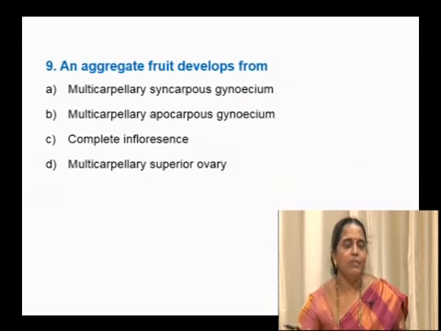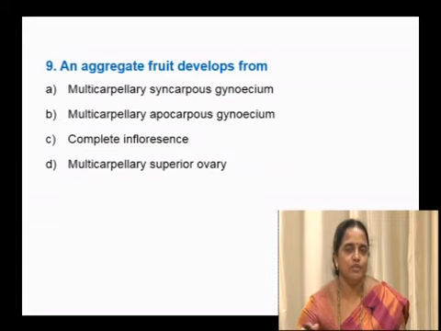The fruit developing from ovary is called true fruit. When the fruit remains fleshy at maturity, we call it fleshy fruits. When they become dry, we call dry fruits. But fleshy and dry fruits, they all are developing from polycarpellary syncarpous gynoecium.